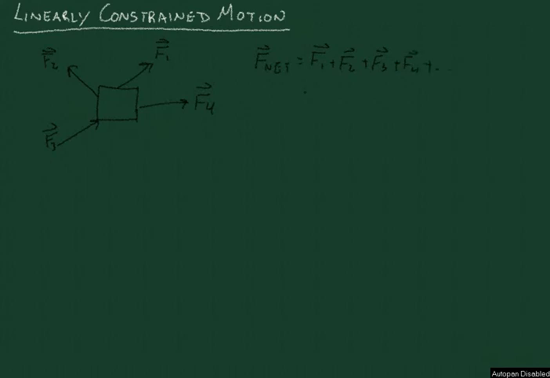The difference is now we're going to say that the forces might not add up to 0. Instead we'll have the mass of the object, if it has a mass of m, times its acceleration. And so now we can use the sum of the forces to find out how the object is moving.